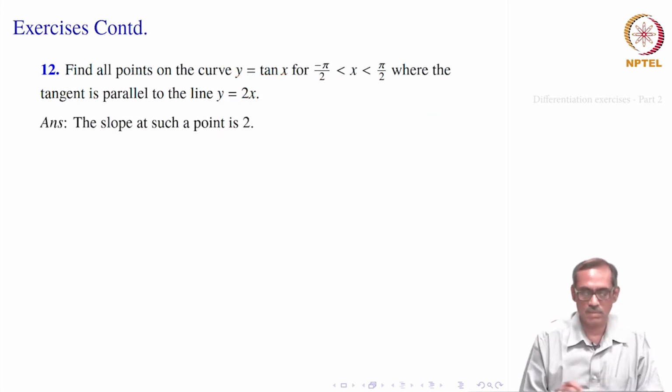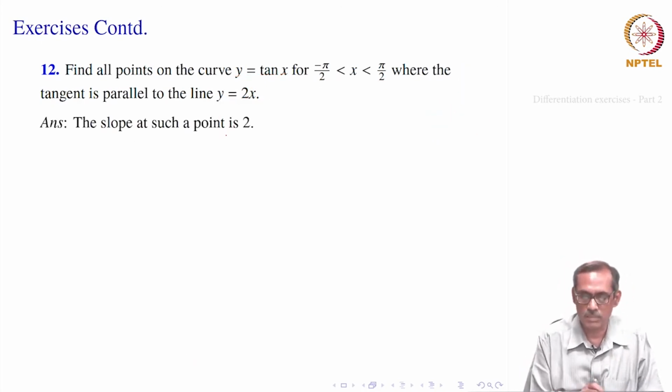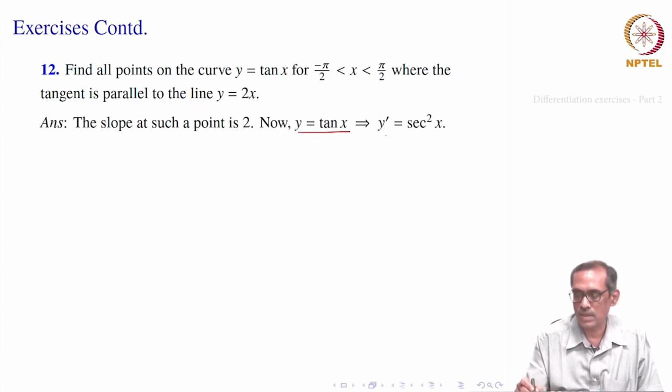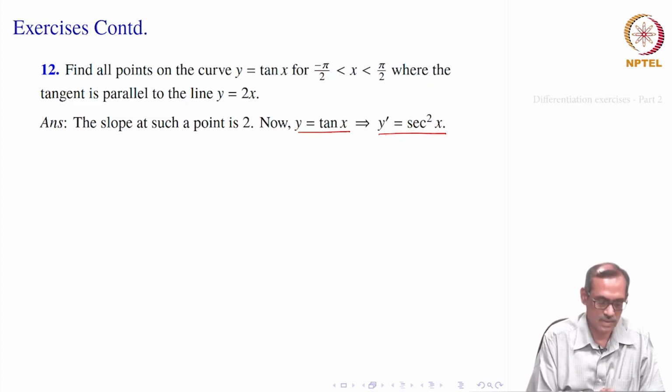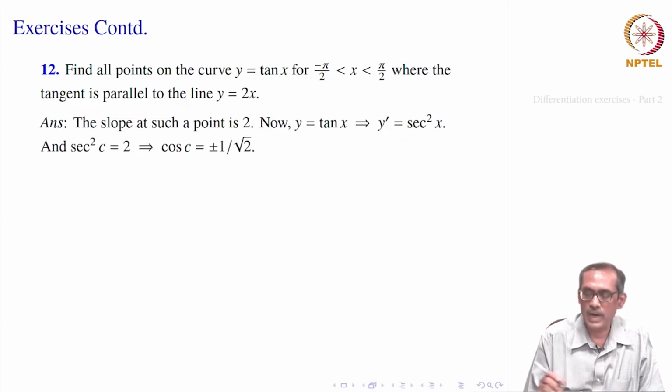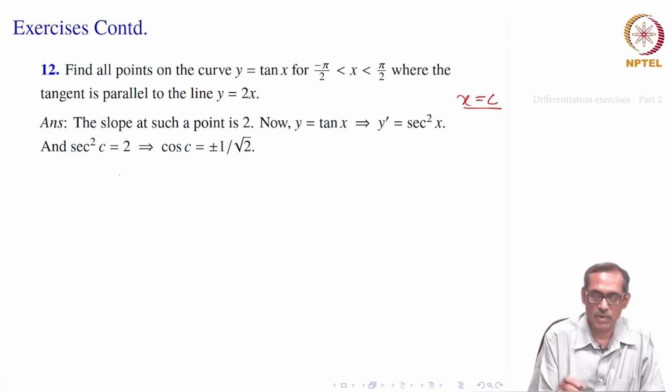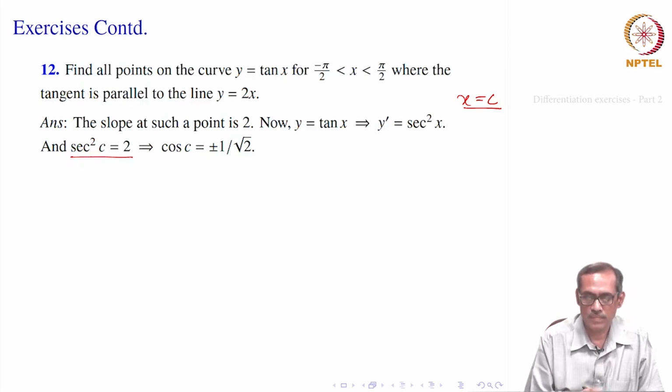We should get the equations first. So, the slope at such a point is 2. Now, y equal to tan x gives us y prime equal to secant square x. So, if that point is x equal to c, say, y will be tan c, then at that point secant square c must be 2, right.